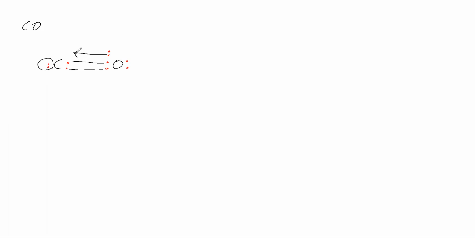If bonding is so, then only carbon will get octet configuration. Now see, carbon has 3 bonds, which means 6 electrons, plus one lone pair, 8 electrons, octet. For oxygen, 3 bonds, 6 electrons, plus one lone pair, 8 electrons, octet. Therefore, in carbon monoxide, the dative bond is formed from oxygen to carbon. Oxygen is contributing a lone pair, carbon is contributing a vacant orbital.